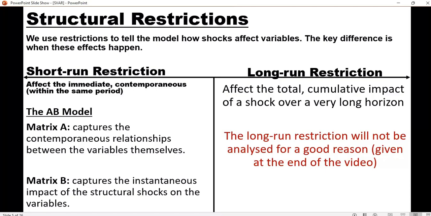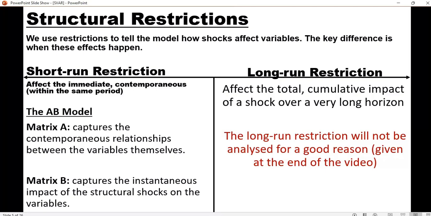Within the short-run restriction we have what we call the AB model. The matrix A captures the contemporaneous relationships between the variables themselves. Then the matrix B captures the instantaneous impact of the structural shocks on the variables. The long-run restriction means that the variables have a cumulative impact on each other, a cumulative impact of a shock over a very long time.